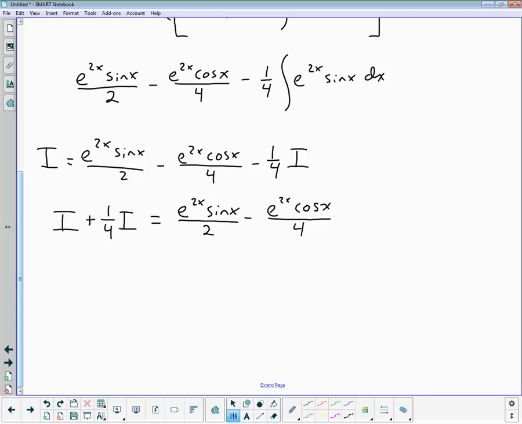Combining like terms. So you get 5/4 I, and then we get rid of the fraction.